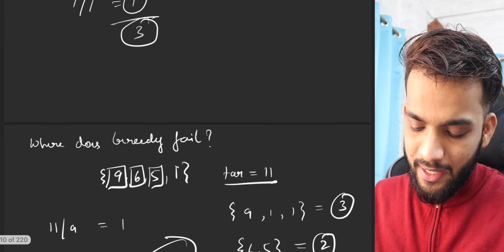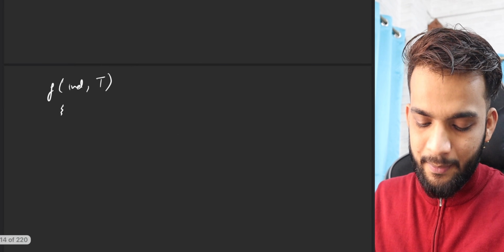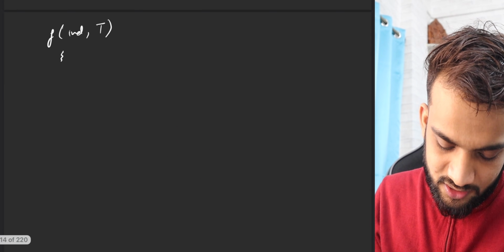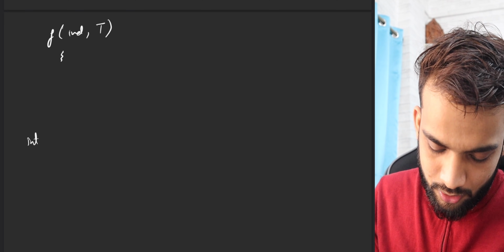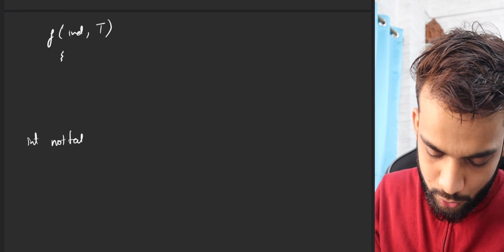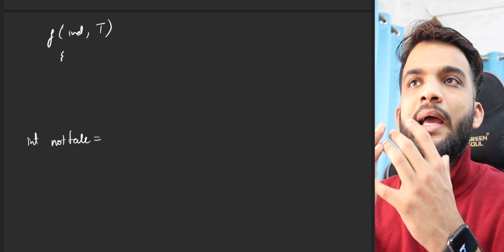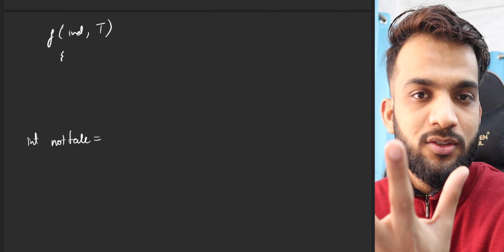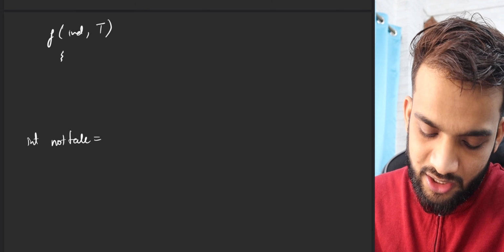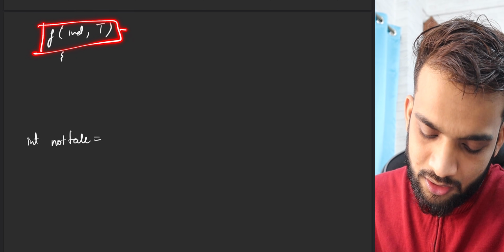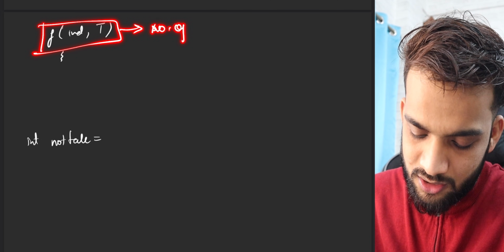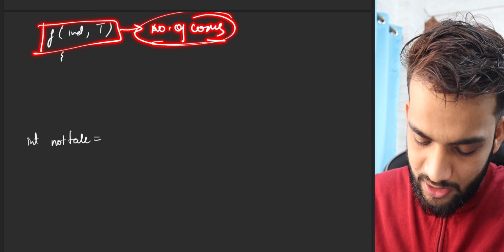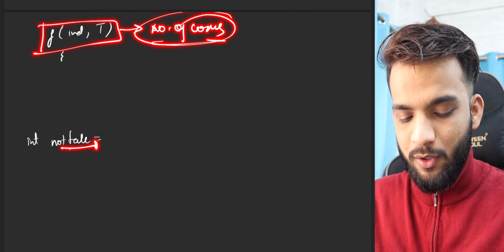So I'll say there can be two cases. One is I decide I will not take. That's for sure. And if I do not take, am I adding to the number of coins? What is the duty of the function? To return the number of coins. So when you're not taking, you count the number of coins.